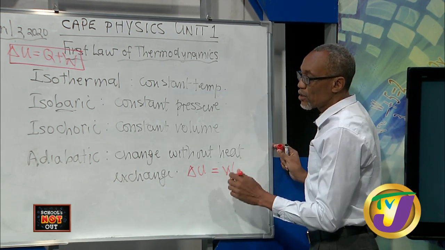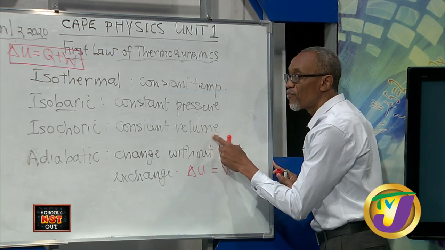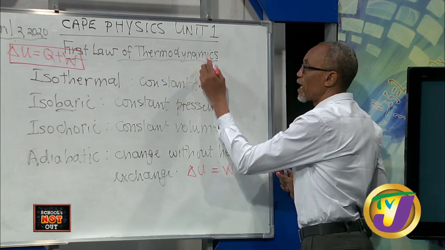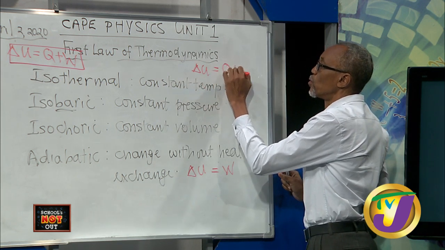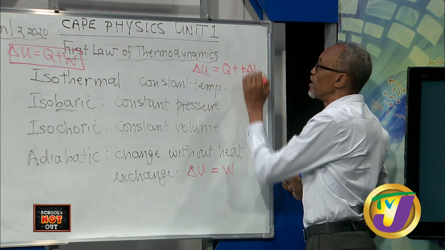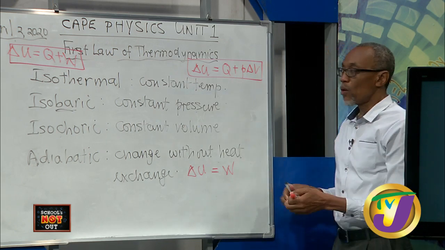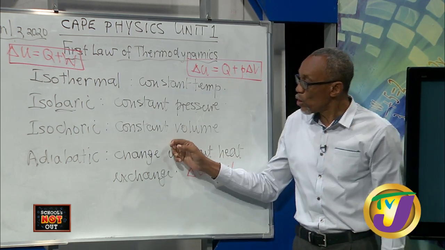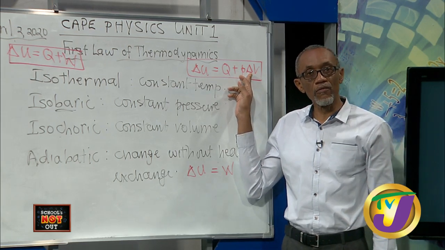In an isochoric change, where there is constant volume, you remember again we'll write the equation delta U is equal to Q plus P delta V. Now, remember, if there is no change in volume, then delta V is 0.